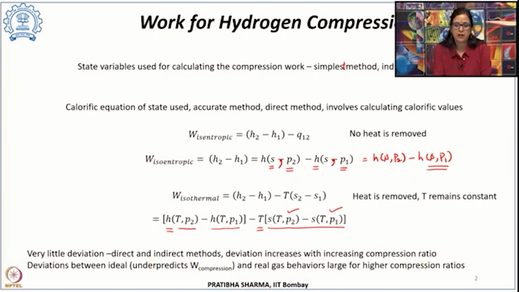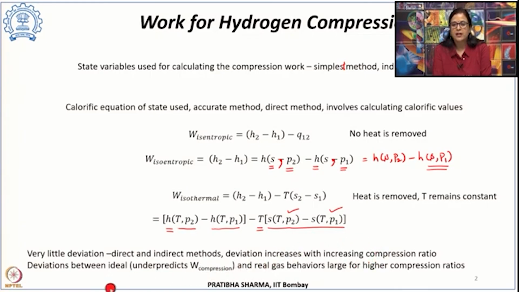As P2 by P1 increases, as the delivery pressure gets higher compared to the suction pressure, the deviation between the two methods of calculating the work of compression increases.